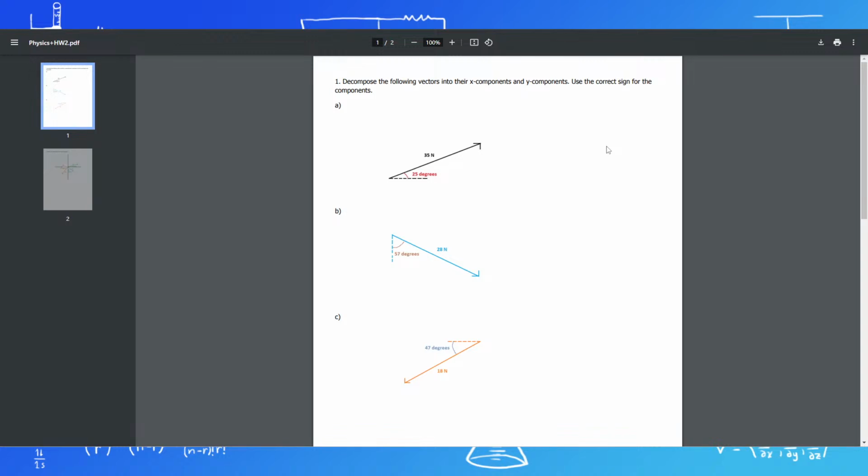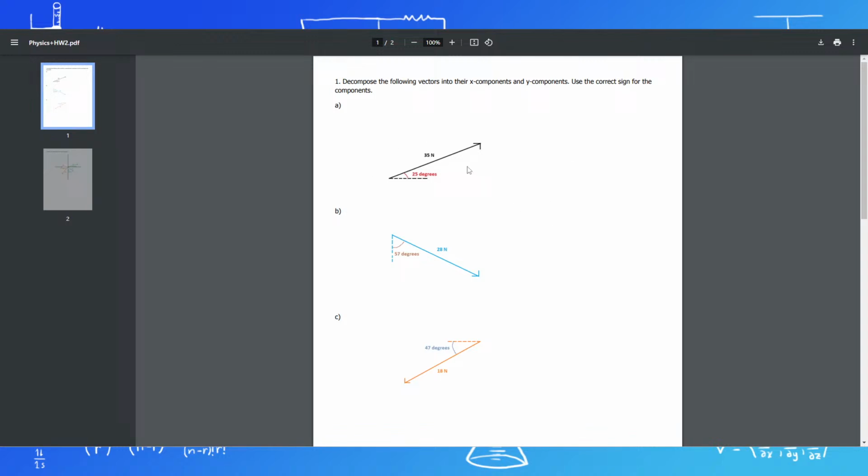So my sign convention is that right is positive and left is negative for the x-axis, and up is positive while down is negative for the y-axis. There we go. I can barely talk today.